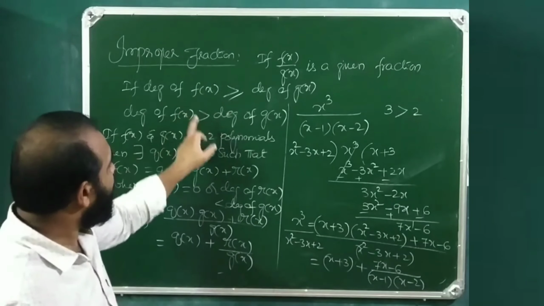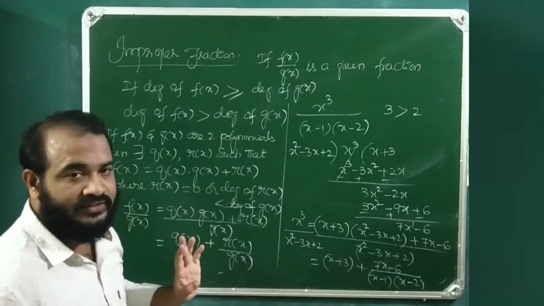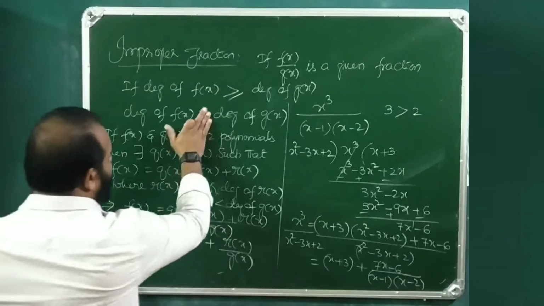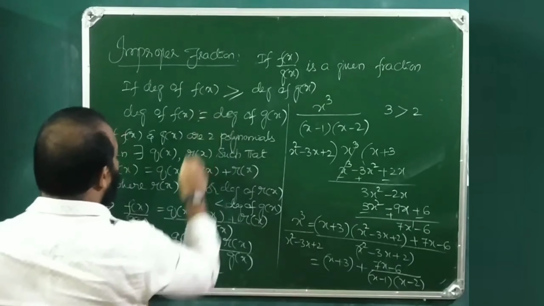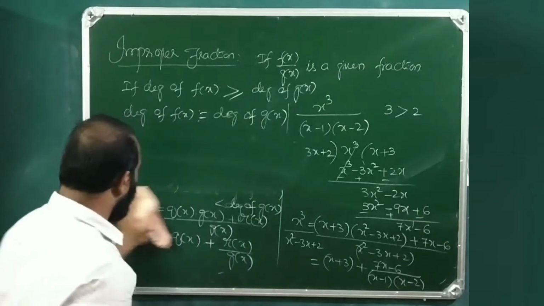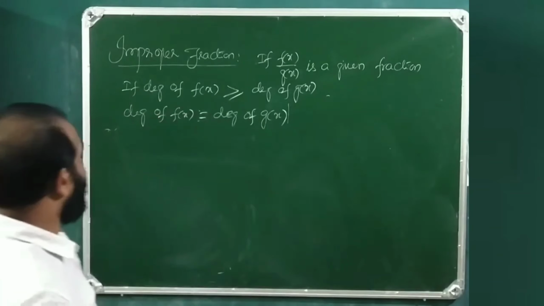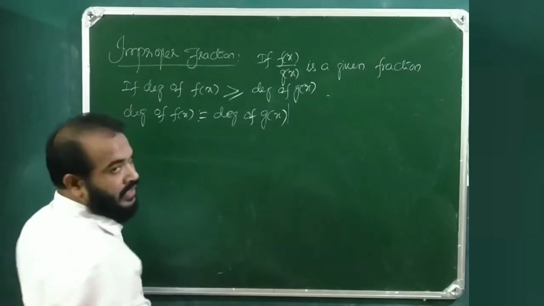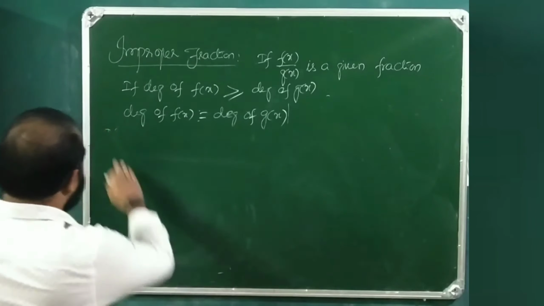Degree of f of x is greater than degree of g of x. And the next one is degree of f of x is equal to degree of g of x. So how do we do this? Degree of f of x is equal to degree of g of x.